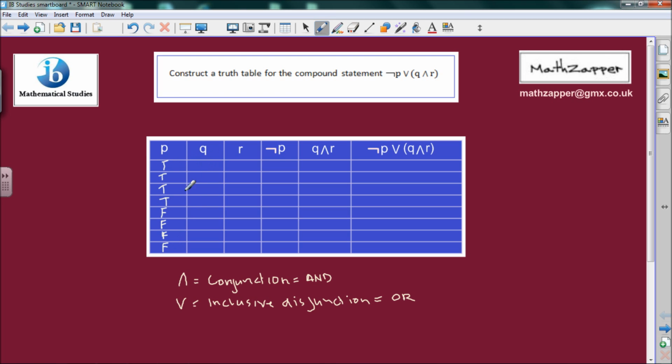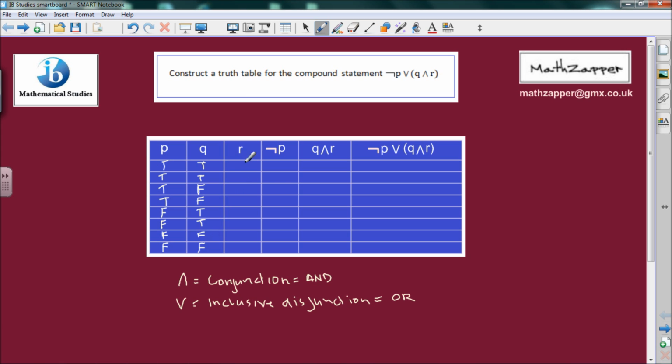Now Q can't be 4 trues and 4 falses, but it's going to be the same amount of trues and falses. So this time we put 2 trues, followed by 2 falses, then 2 trues again and 2 falses.